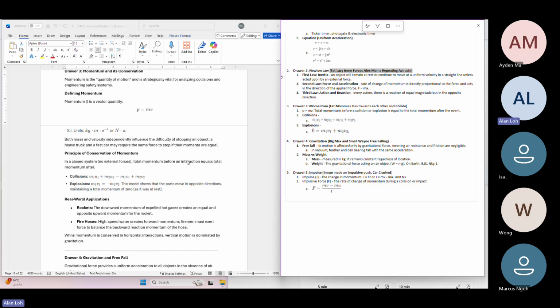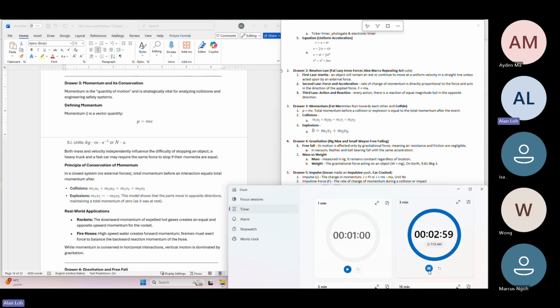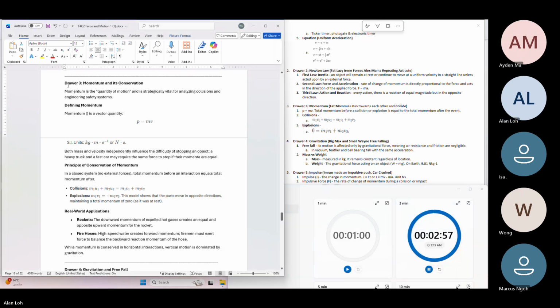So drawer number 3, okay, yes. Also 1.5 minutes. Let's do it now.